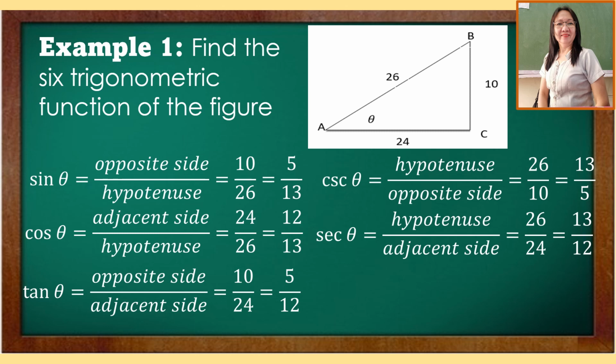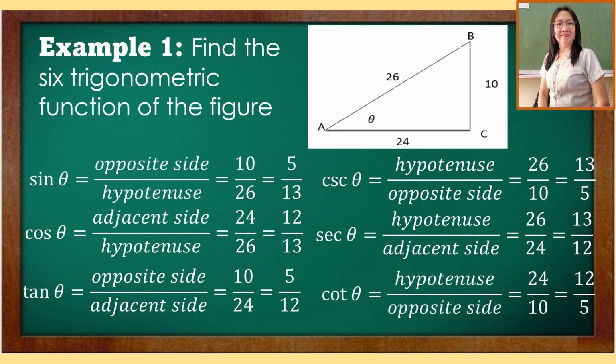So we have hypotenuse over the adjacent side, equal to 26 over 24, or simply 13 over 12. And the reciprocal of tangent theta is cotangent theta, wherein we have adjacent side over the opposite side. So we have 24 over 10, which is simplified to 12 over 5.